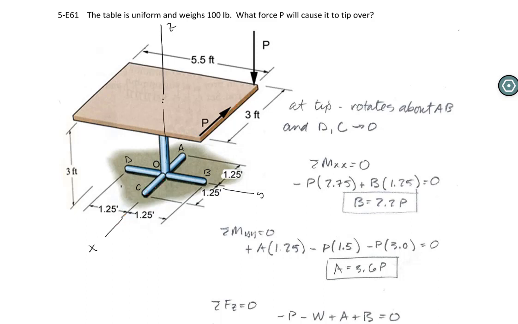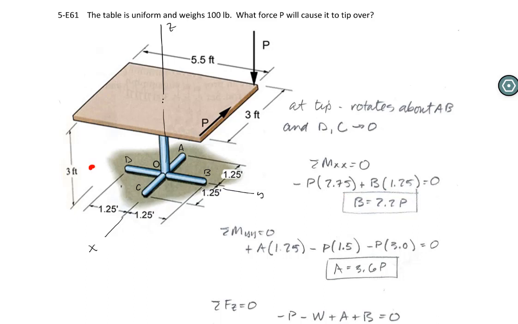What other forces do I have about the x-axis? These are both zero. A is on the x-axis, so the only other force is B, pushing up with this lever arm. So here I have an equation, the sum of the moments about the x-axis. I can't solve for either of those, but I can find out that B has some relationship to P.